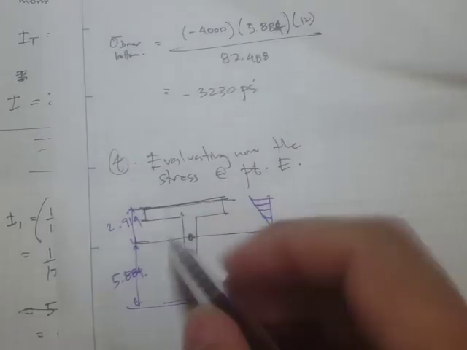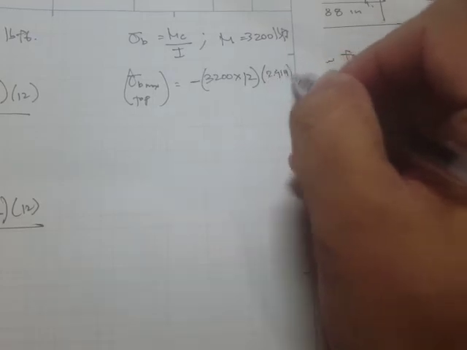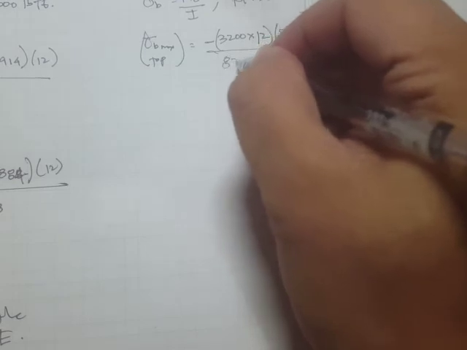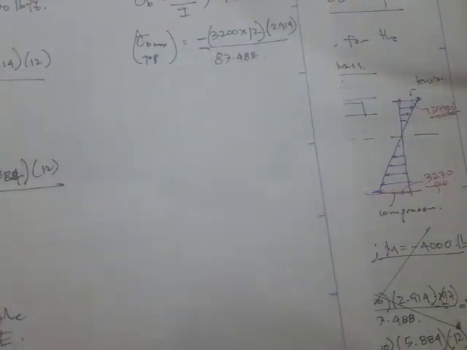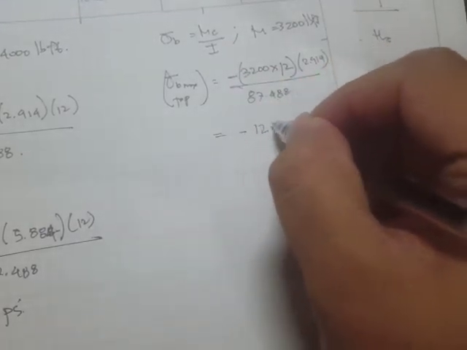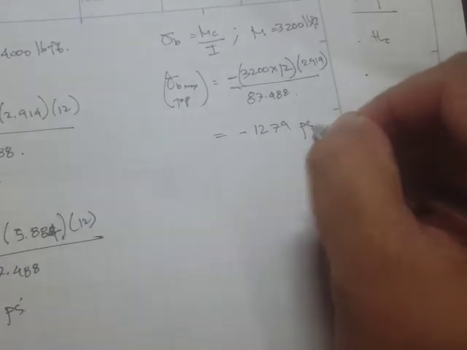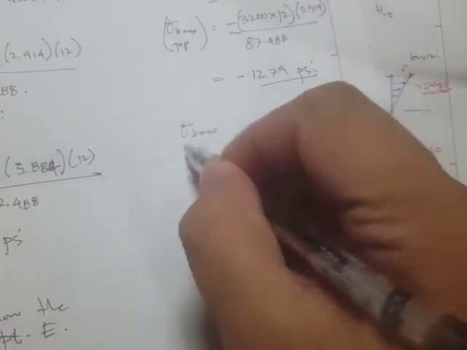And the c, the distance from the neutral axis to the outermost fiber, is 2.914, divided by the moment of inertia of 87.488. Okay, and the value here is negative 1,279 psi.